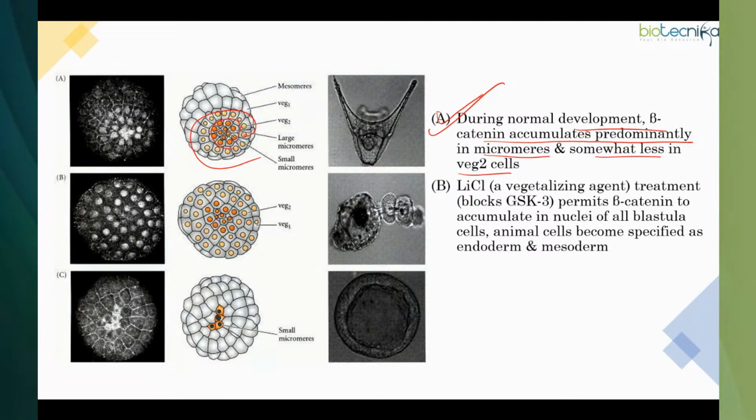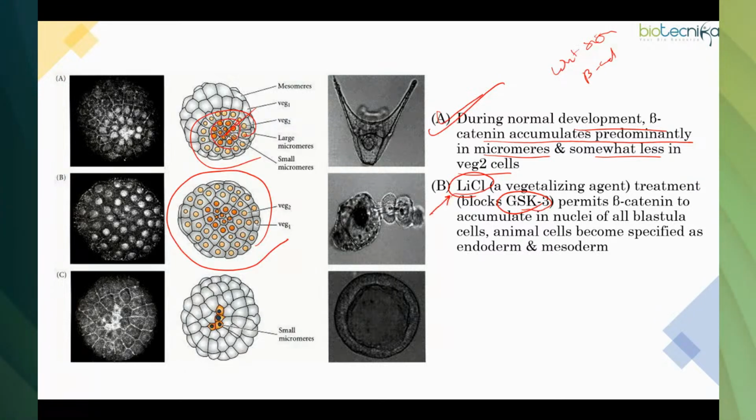Now see, GSK was inhibited by the WNT signaling, because of which beta catenin would become free in the vegetal cells and the micromeres. But if we use lithium chloride, then not only in the vegetal cells and micromeres, but in all the cells, we are injecting lithium chloride in the embryo.